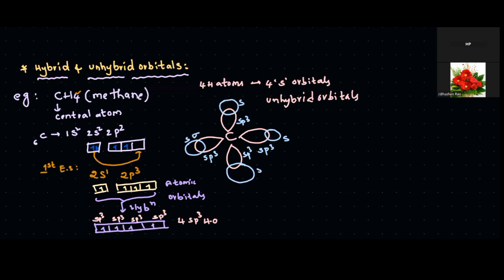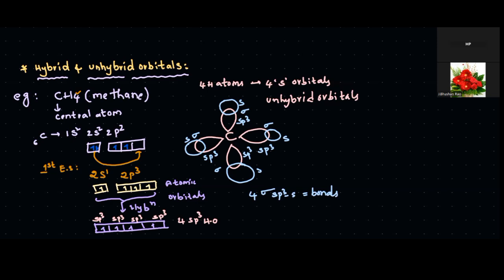Totally 4 sigma sp3-s bonds. So carbon here formed 4 sp3 hybrid orbitals.